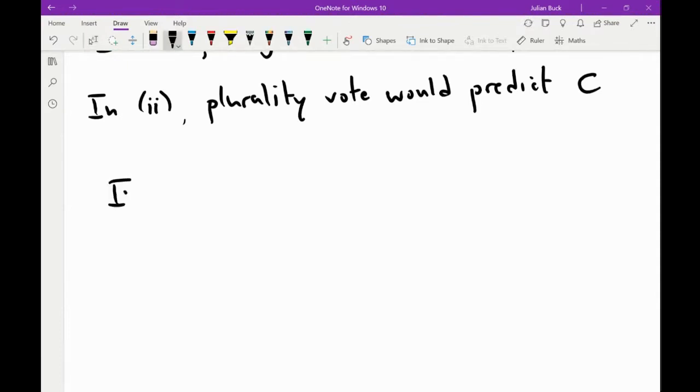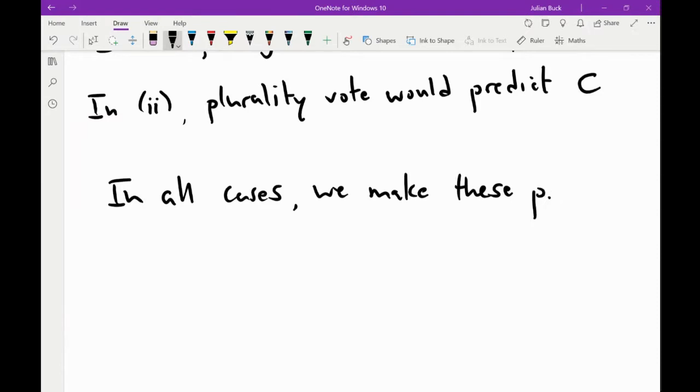So in all cases, both regression and classification, we make these predictions for the nodes at the bottom of the tree.